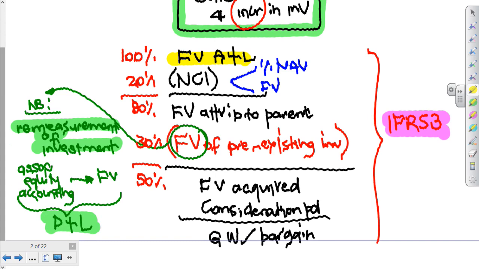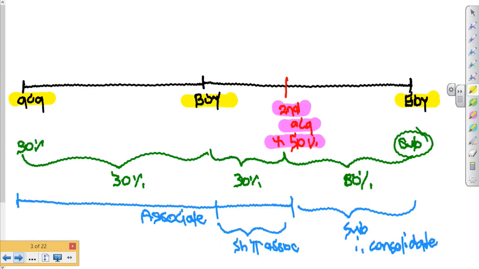You're going to have two of these. You're going to have the one for the associate, but the associate doesn't have NCI, isn't it? I just need to work out if I had a bargain or not, because it affects retained earnings. And then I'm going to do the actual acquisition entry when I have a subsidiary. It's an associate up to a point, and then the rest of the time it's a subsidiary.